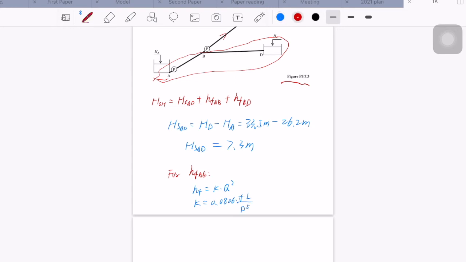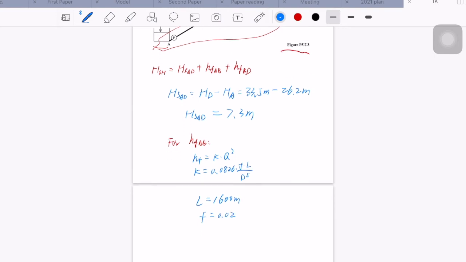And we know the pipe length equals 1,600 meter, the friction factor equals 0.02, and the diameter equals 1 meter. So we can determine the K value for the pipe AB equals 2.64.